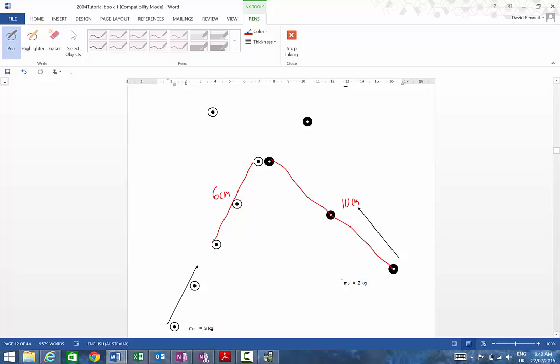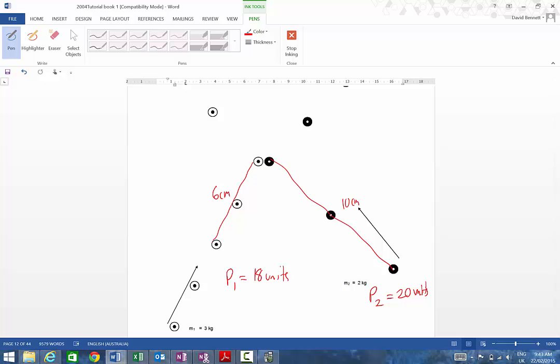So the unit for number 1 is going to be 6 times by 3, which is 18 units. I'm not going to use second newtons because that's not what we've got. Over here, the mass is 2 kilograms by 10 centimeters, so momentum number 2 is going to be 20 units. That's a representation of the two momentums.